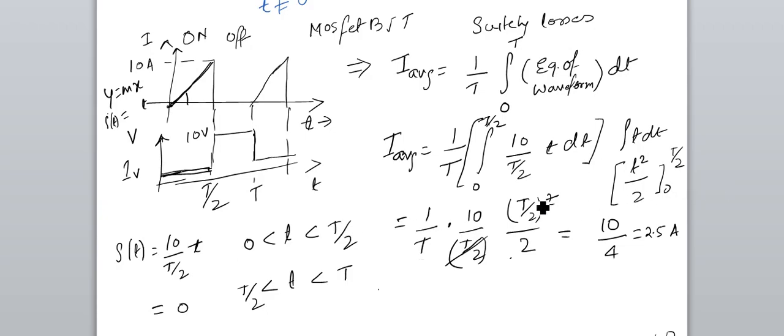Similarly, if I want to calculate the RMS value of the waveform, for that, what you have to do: RMS square will be equal to 1 upon time period, integration 0 to time period, and here there will be the equation of the waveform squared, whatever waveform you are taking, square of that waveform.